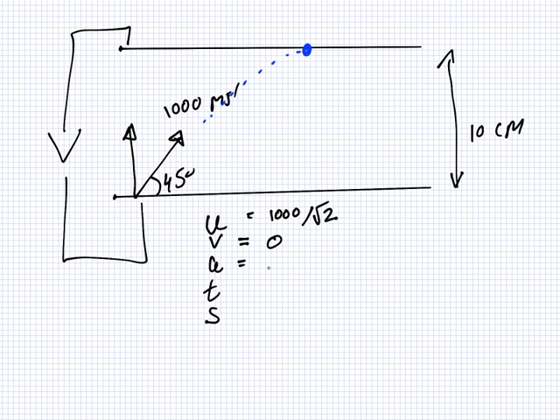The A we don't know, but Newton tells us it's F over M. The T we don't know, and the S we do know. What's our formula for F? F equals QE, isn't it? QE over M. Okay, what's our formula for E? V over D. So this is QV over MD.